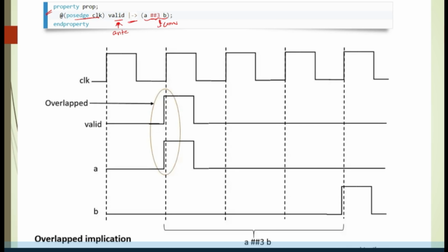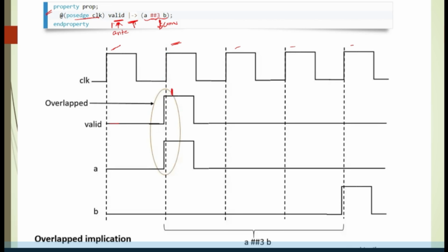Now this is the overlapped implication. For every passage of the clock the checking will be done. After valid is high, in the same clock cycle this consequent should also happen. In the first clock cycle valid is low, so the assertion fails, and in the second clock cycle valid is high.